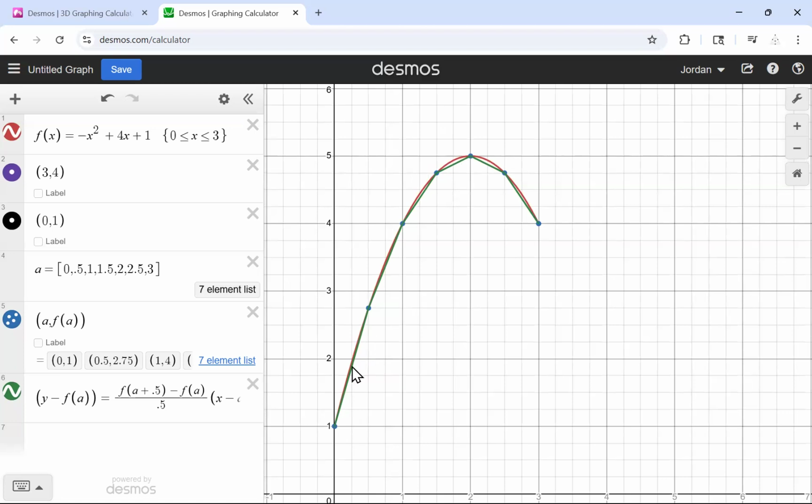As the x value change goes to 0, so as I get smaller and smaller jumps in x values between my points, taking that limit is going to give me the actual arc length of my original curve, again from the point (0, 1) to the point (3, 4).